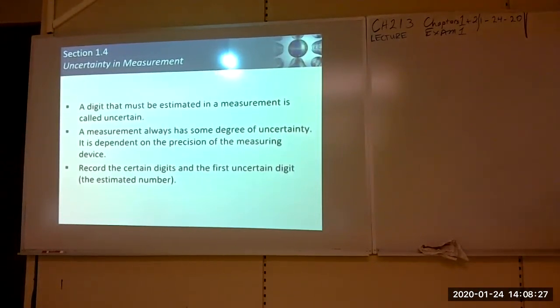You don't know exactly what that measurement is. It may look like 32 centimeters, but it could be 33, it could be 31. Maybe your device is off by a little bit, or maybe you read it instead of reading it right on.